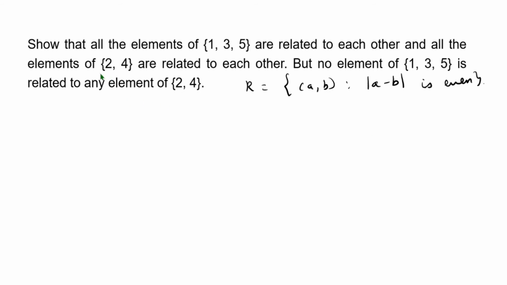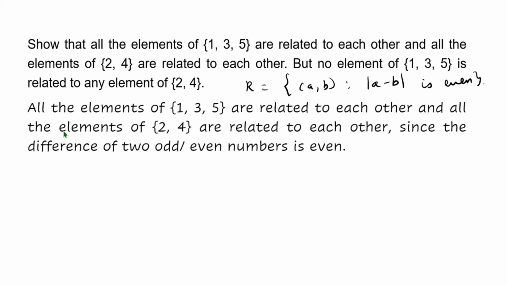Similarly, for the set 2, 4, mod of 2 minus 4 is even. So all the elements of 1, 3, 5 are related to each other and all the elements of 2, 4 are related to each other, since the difference of two odd or even numbers is even.